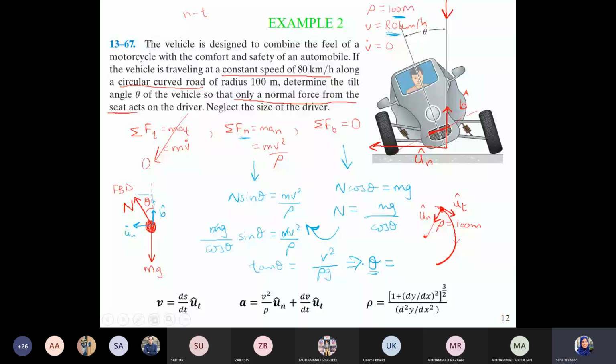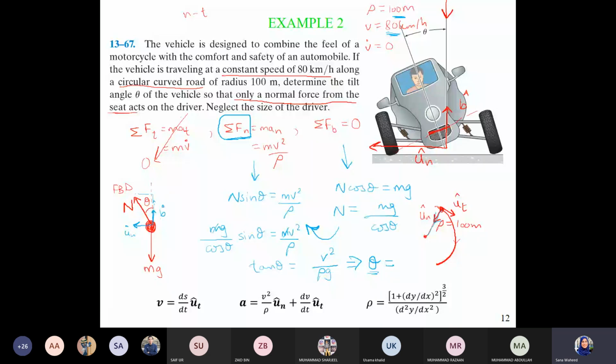Now, please notice that whenever something is going in a curve, the way this car was going in a curved direction, then there would have been this centripetal acceleration, towards the center of curvature, which is causing the change in direction. Now, of course, if there is centripetal acceleration, then there has to be a force to cause it.